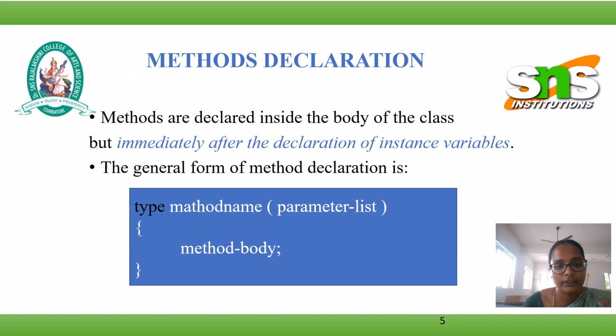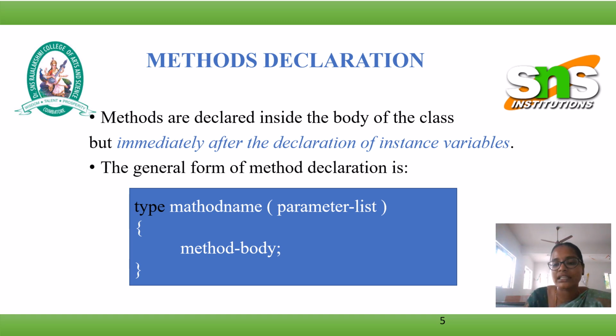Next one, method declaration. Every class should have a method, but if we don't want any method inside our class, we don't specify it. After specifying the fields for your class, we'll create a method. Here the syntax is given: type, method name, parameter list, and inside that we specify the body of the content.